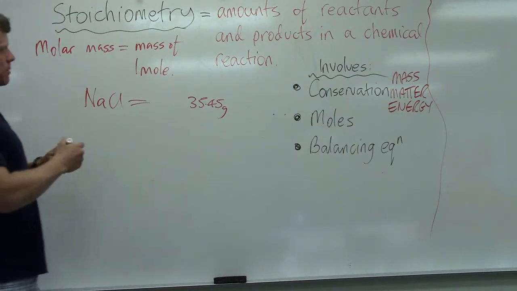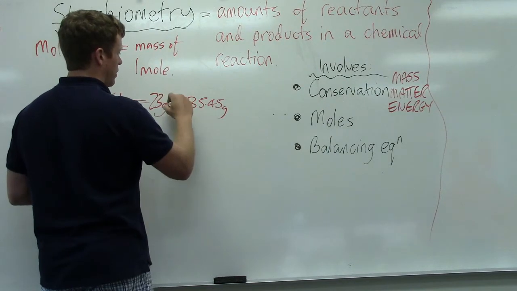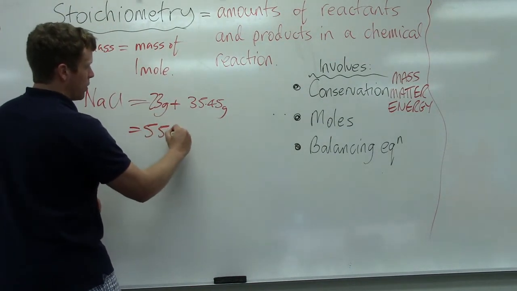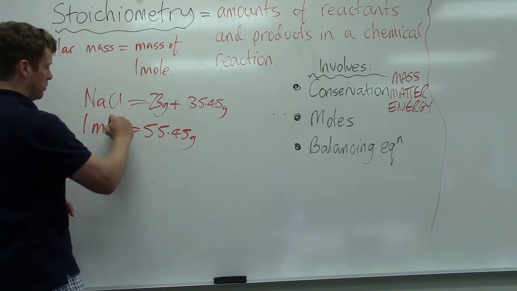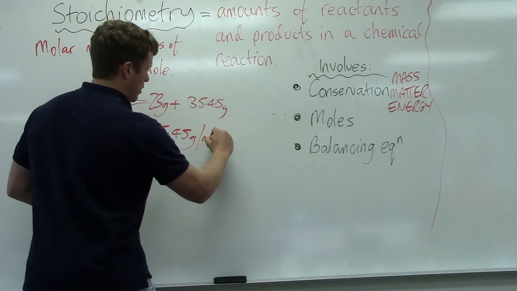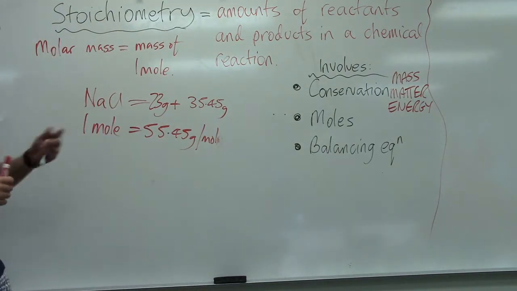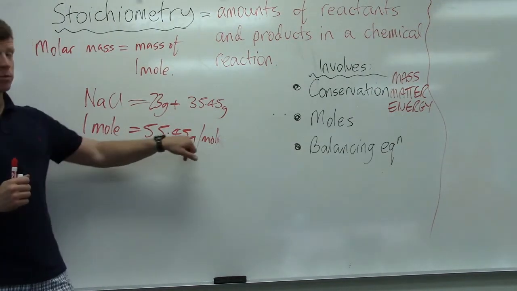So anyway, you'd add them up. Let's say it's 23 grams. If you added those up, you'd get 58.45 grams, and that would be 1 mole. Actually, so grams per mole. So the units that we use, there's that many grams in 1 mole, or grams per mole.